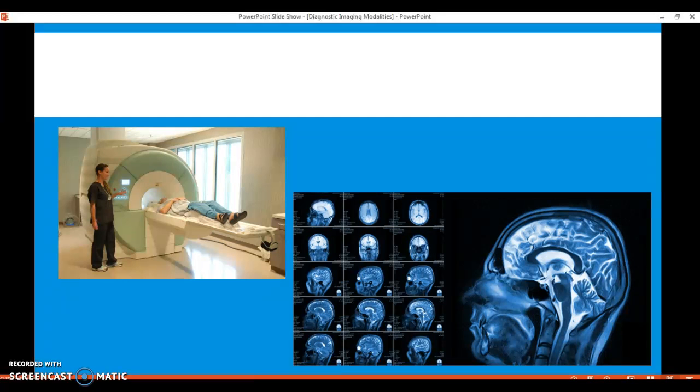Most patients get pre-X-rays, foreign body X-rays done, to make sure there is no metal in the eyes or any surrounding areas, because the magnet of the MRI can actually pull the metal out or heat it up and actually hurt the patient.